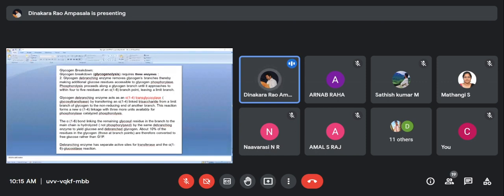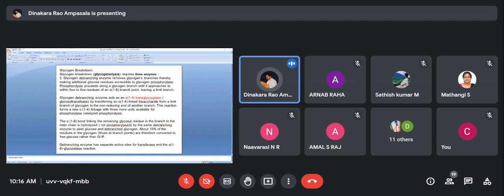They will remove the glucopolymer short sugar chain when it is very near the branch points, say for example 4-5 glucose molecules away from the branch point.